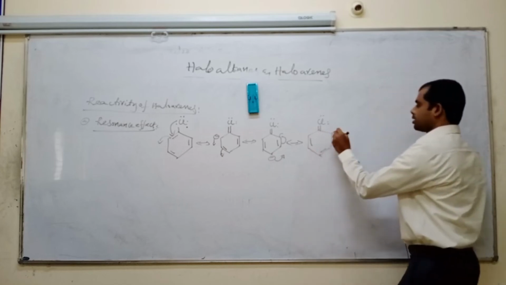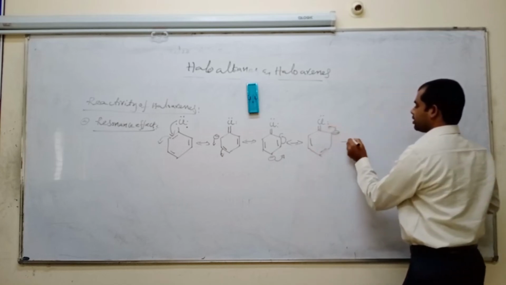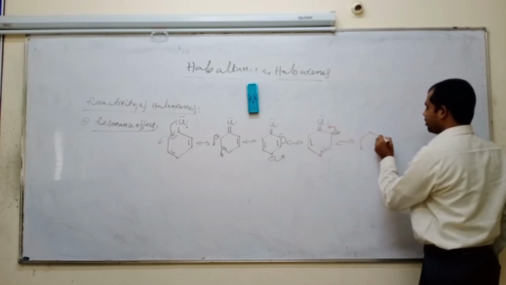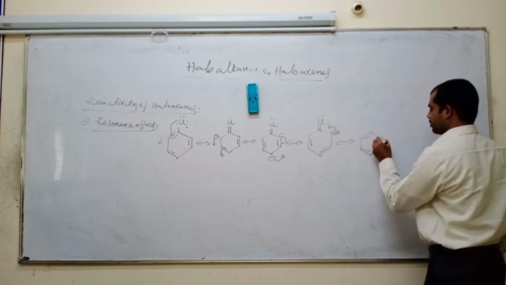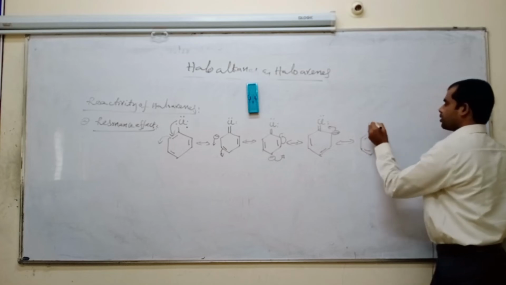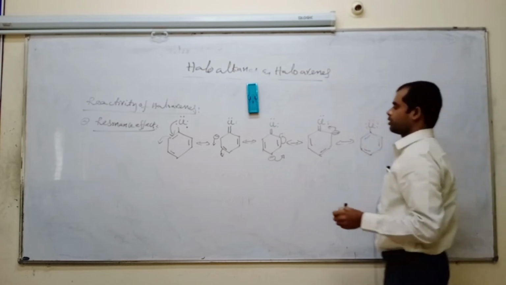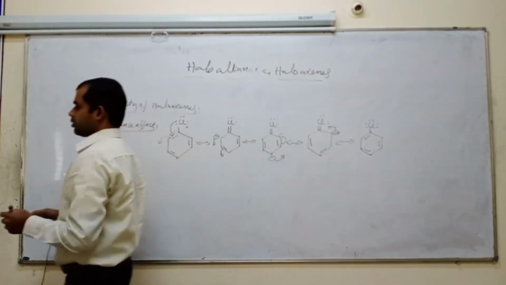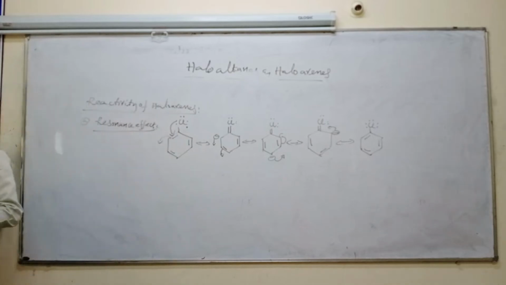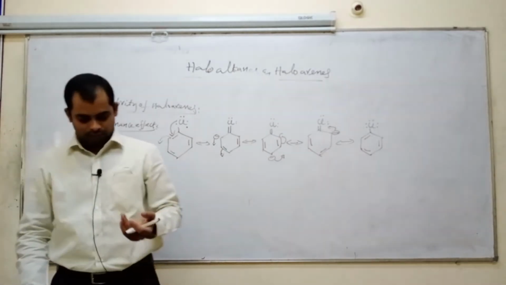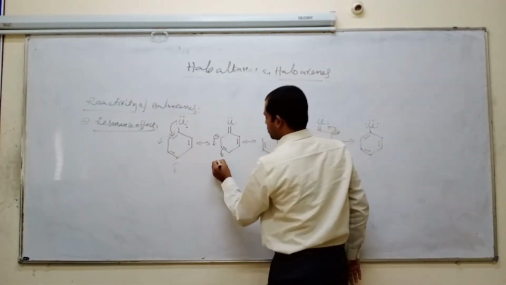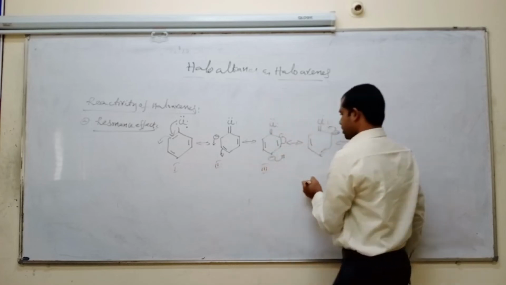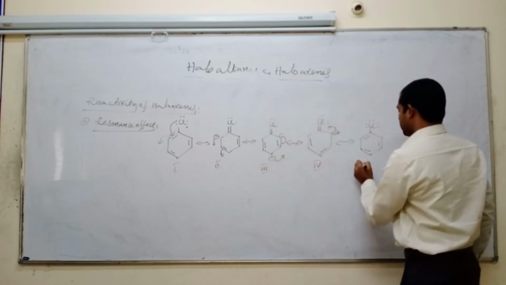Now these electrons go back and we get the normal single bond. This is structure 1, this is 2, this is 3, 4 and 5.